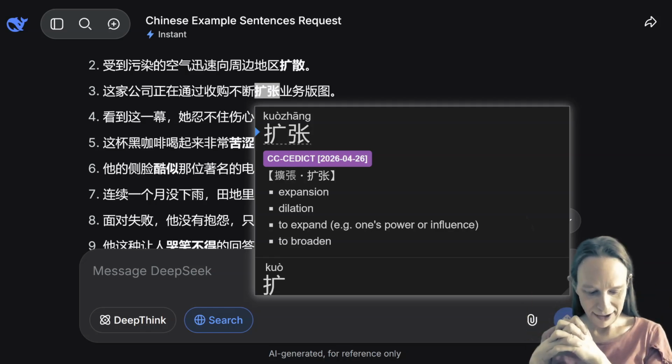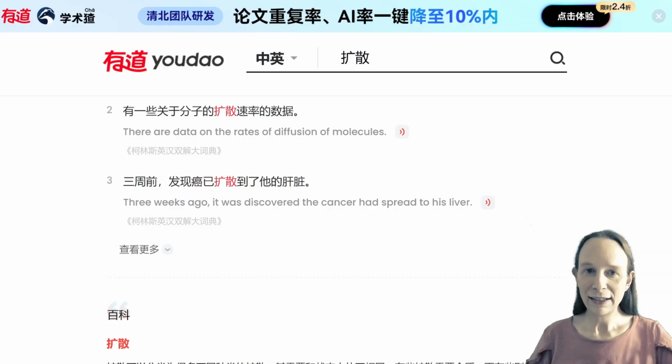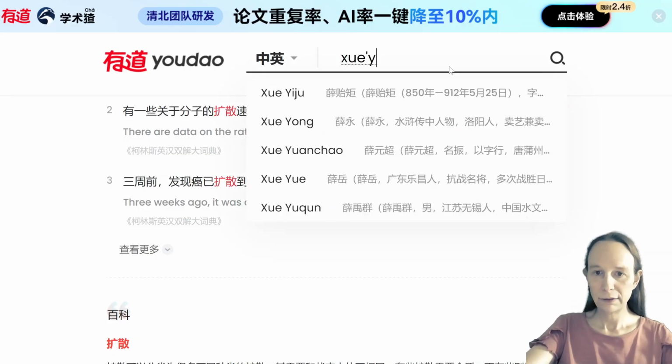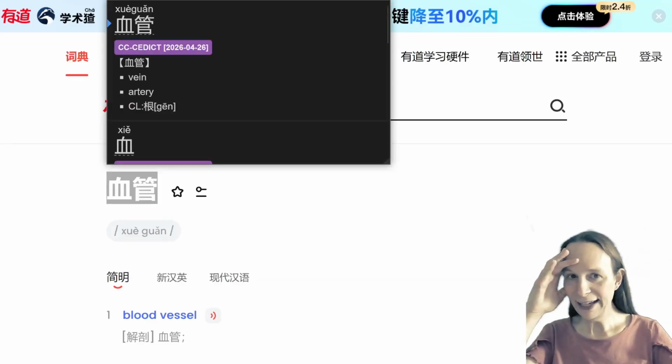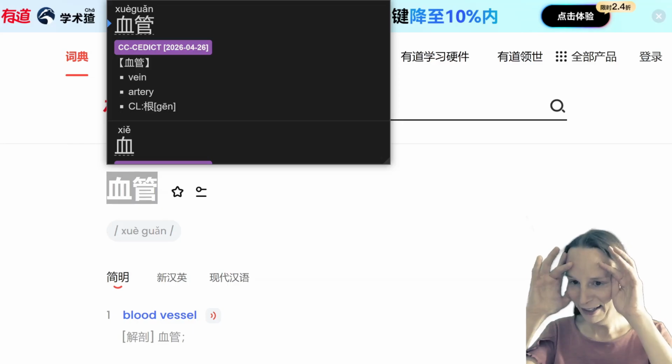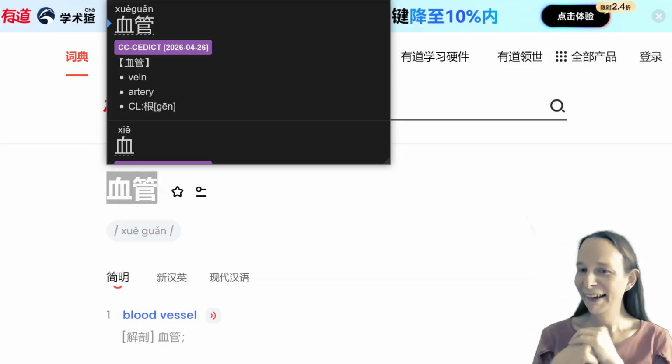经济扩张, 这种药能使血管扩张. The second one was 血管. I guess 血管 is vein. Okay, so blood vessels, that's the common term for veins and arteries, is it? I don't know.